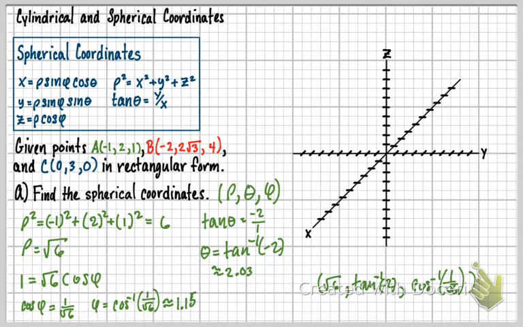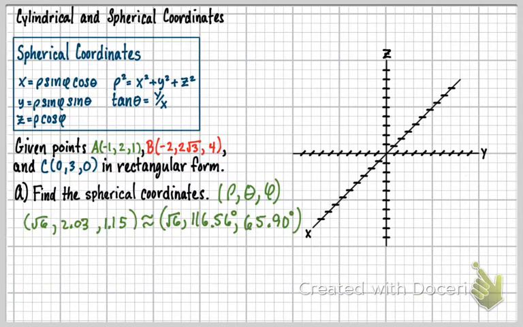So there's my ordered pair. Or you may put square root of 6, comma, 2.03, comma, 1.15. So there's your answer for the first one.